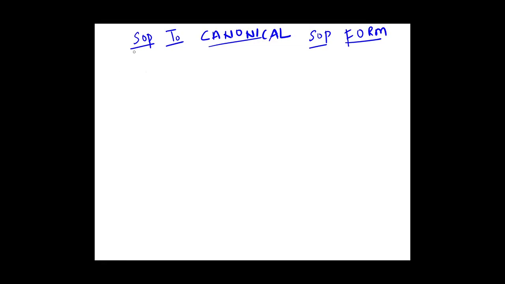We already know what is SOP. It is sum of products. So if my given question is in the form of SOP, let's take the function f is equal to, in SOP form. So I wanted to convert this SOP form to canonical SOP form. First, what is canonical SOP form?